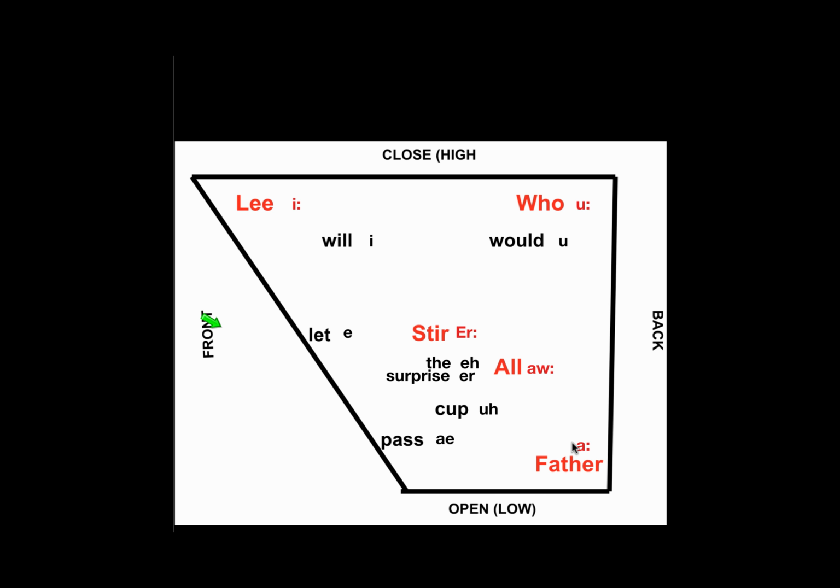And then we have ah, which is the lowest point at the back. Those are the two extremes, E and ah, of the vowels we're going to say. All the other vowels exist within those two positions. So let's practice these two positions of E and ah. Just practice going back and forth a few times on those two sounds.